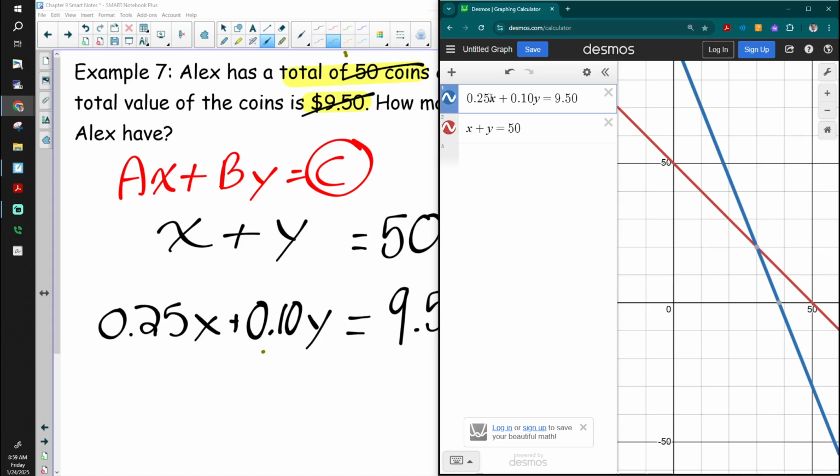And just to show you, if I flip-flopped which place I put these in, I'd get the same thing. It's just now x represents dimes and y represents quarters. It just flip-flops.